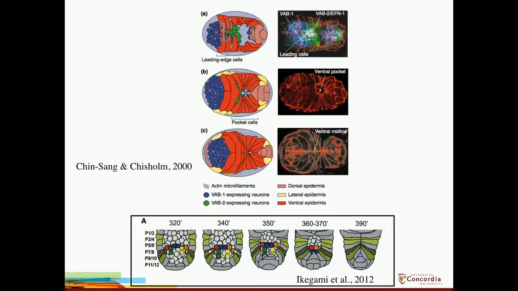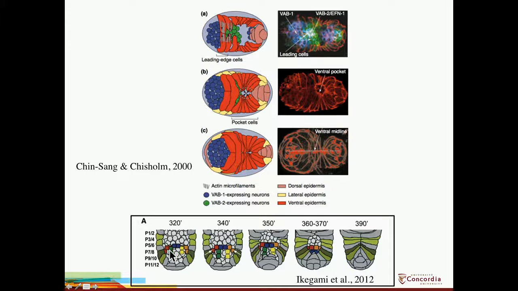And this sorting is actually really important for ventral enclosure. And then the Soto lab found later that there are, of course, many axon guidance cues that are required, and the receptors are required in the epidermal cells. And so it's likely that these ventral epidermal cells are reading the chemical cues in these underlying neuroblasts, and that's helping them to migrate and close properly.